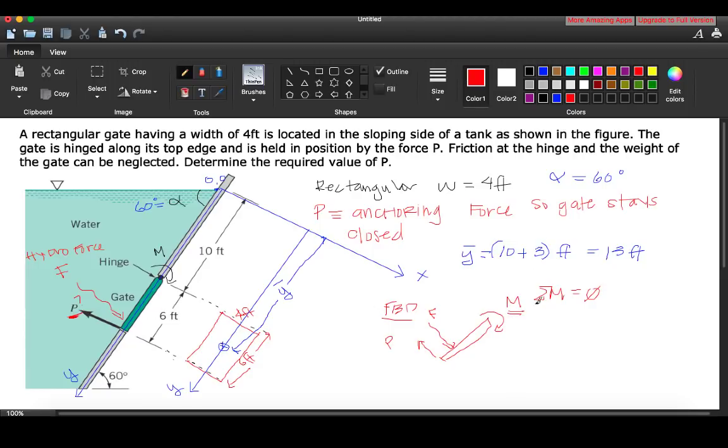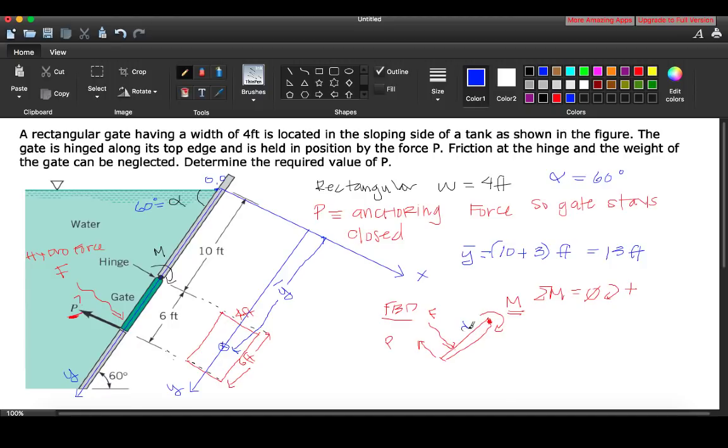So then if we do a sum of moments, and let's say we do positive this way, right? Label our positive, okay? Well then, what does our equation become? What is a moment? The moment is going to be force multiplied by the distance from that force to the location of the moment, right? So let's get another color here.